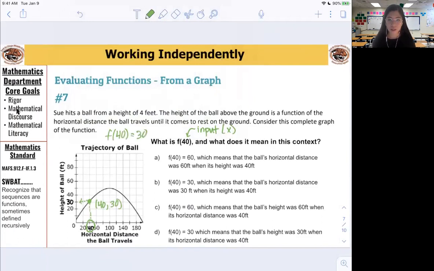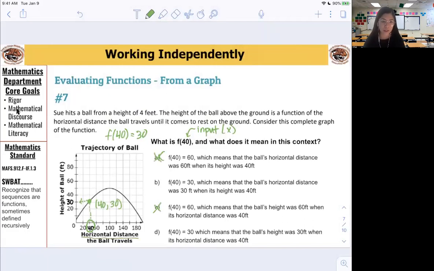Okay, now I look at my answer choices. I know A is out, and I know C is out, because they were giving me the wrong answers. But now that I know f of 40 equals 30, I need to match it with the correct definition. So take a look. The input is 40, and the input represents the horizontal distance.